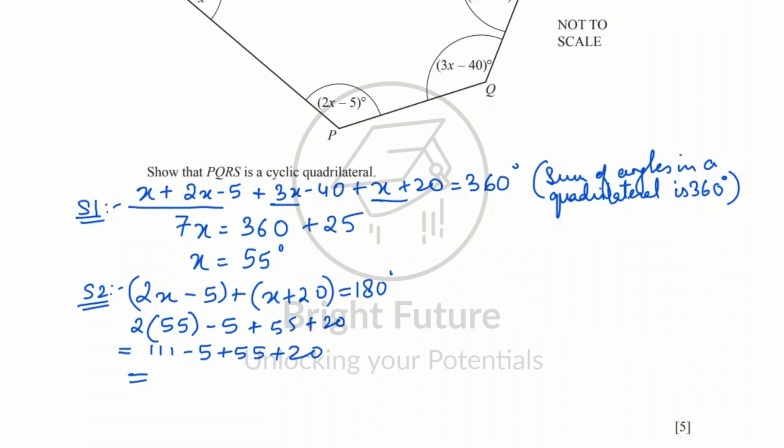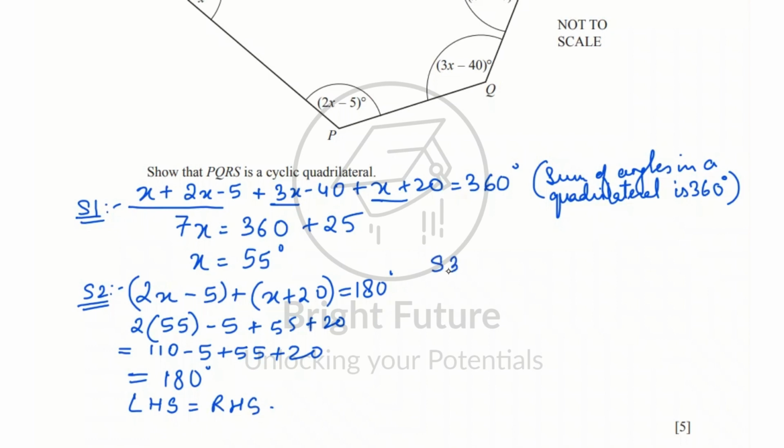Oh, sorry, this is 110. So this adds up to 180. Therefore, LHS is equal to RHS.